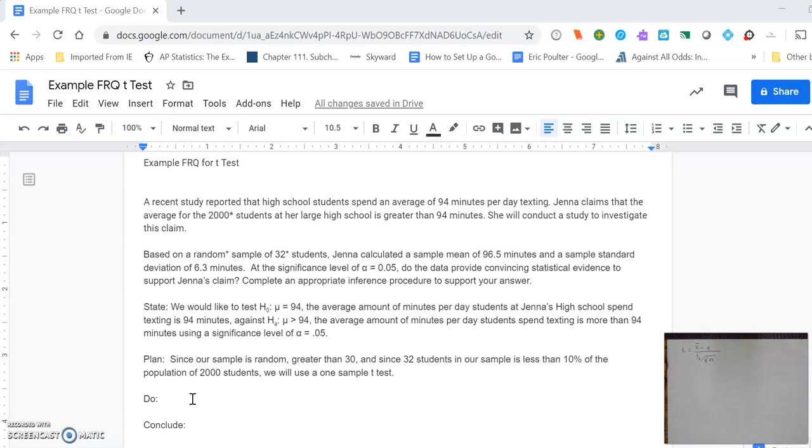And we have all of these things. They're in the problem. So our population mean is 94. That's the first thing given to us. The sample size is 32. The sample mean is 96.5.